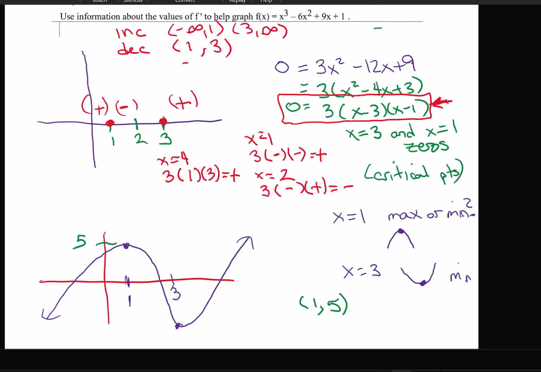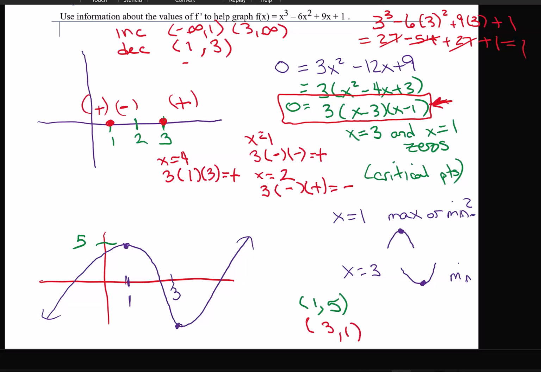And I have 3 to the third minus 6 times 3 squared plus 9 times 3 plus 1, which equals 27 minus 9 times 6, 54, plus 9 times 3, which is 27, plus 1. 27 plus 27 is 54. 54 minus 54 is 0, so this equals 1. My minimum value is at 3, 1.